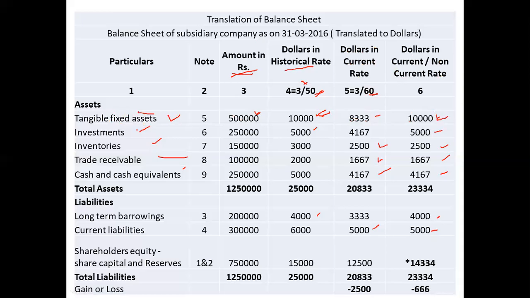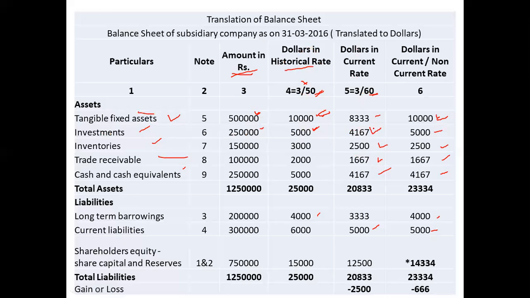The next is investment. Investment is 2,50,000 rupees. Converting at the historical rate, 2,50,000 divided by 50 becomes 5,000. At the current rate, 2,50,000 divided by 60 becomes 4,167.